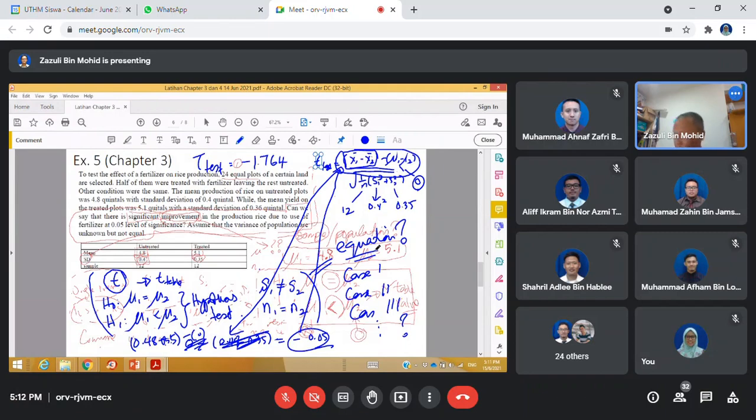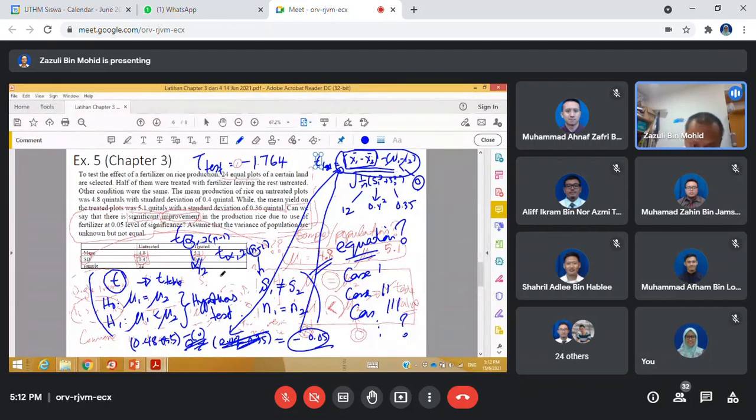And then the t table for this problem, sometimes we have alpha, sometimes we have alpha divided by 2. Because this is a one-tail test, we have to refer to alpha. We have the same number of n, so we can use this formula.